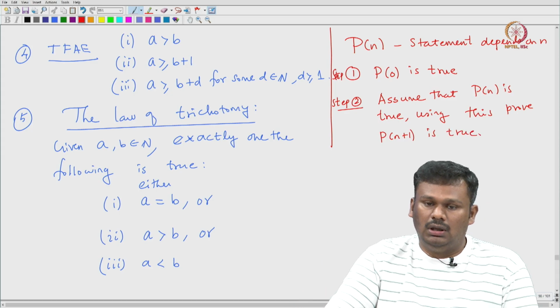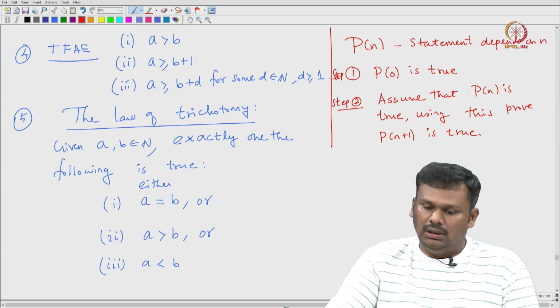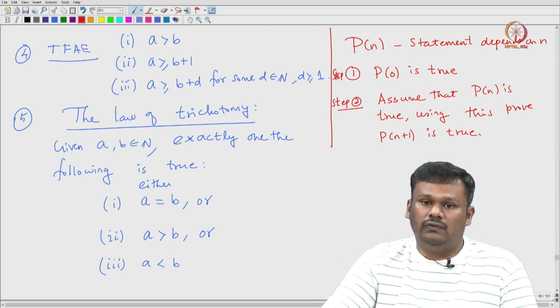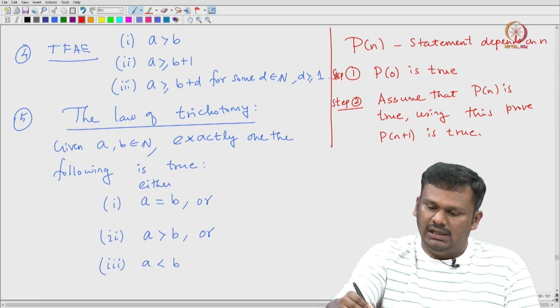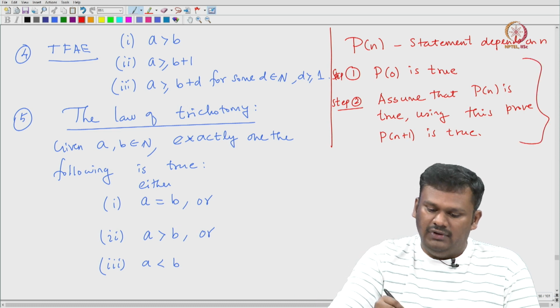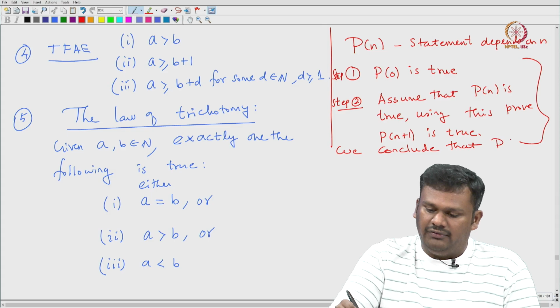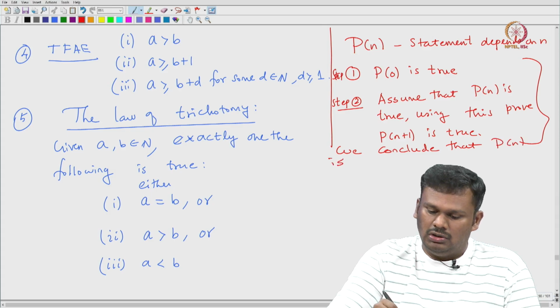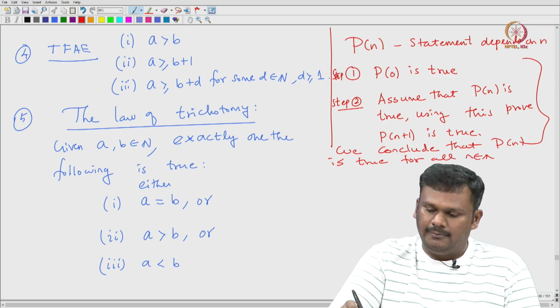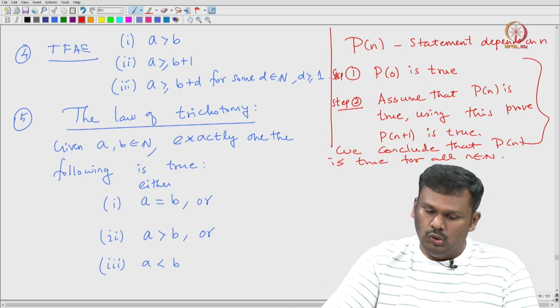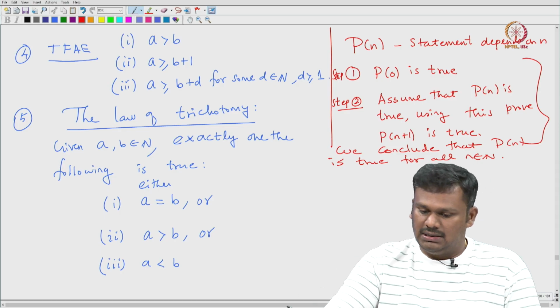Okay, this is how one goes about proving that a statement involving n is true for all n. From step 1 and step 2 we conclude that P of n is true for all n in N. So, this is how we use mathematical induction in practice.